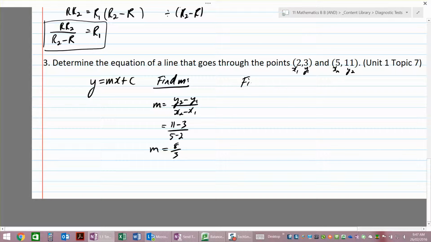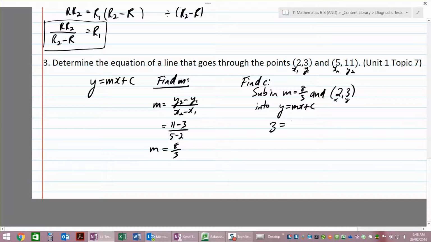Okay, now I need to find c. I'm going to sub in m equals 8 on 3, and I'm going to just choose one of these points to sub in. I'll choose the smallest one so that my numbers are smaller. Into my linear model, and hopefully I can find c. So this is x and y.